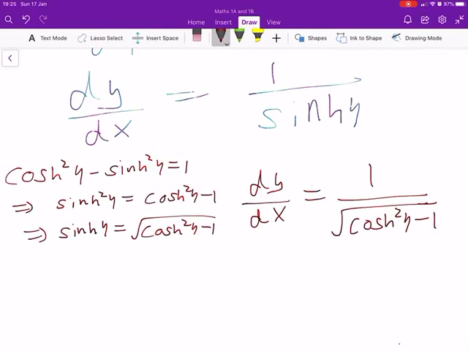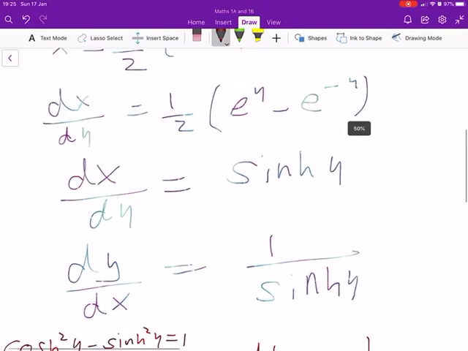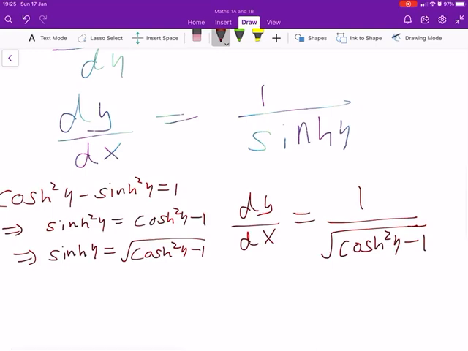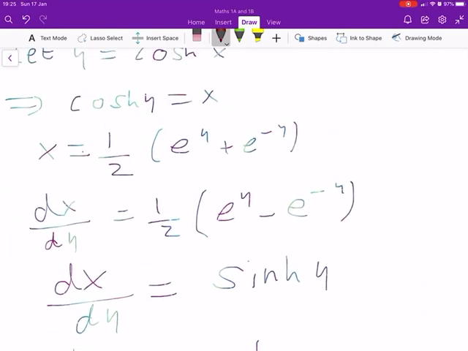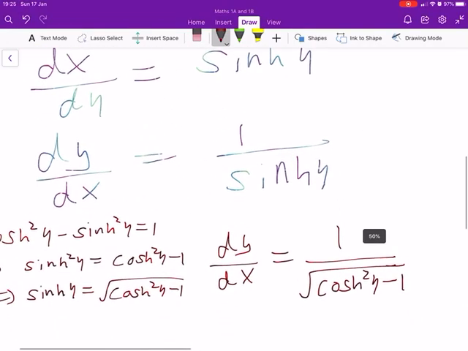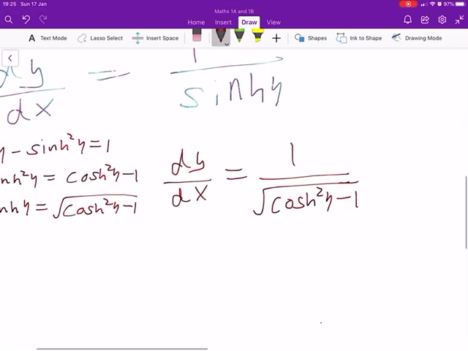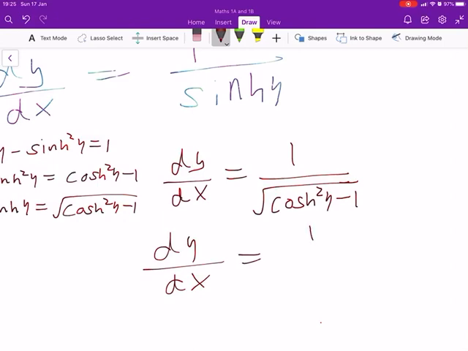Now hold on a second. We've already got the definition of cosh y here, which is just x. And now because this is cosh squared y, we can just say that dy dx is 1 over the square root of x squared, because cosh y is x, therefore cosh squared y is x squared, and then minus 1.